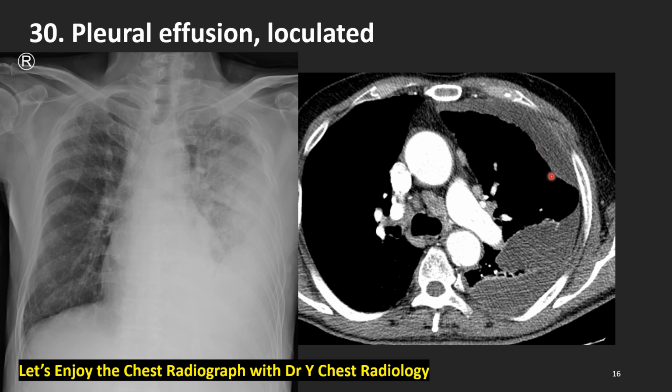Anteriorly, posteriorly loculated pleural effusion, and this is not affected by gravity direction from anterior to posterior, up to down direction. It is a loculated, non-movable structure, so not affected by gravity.